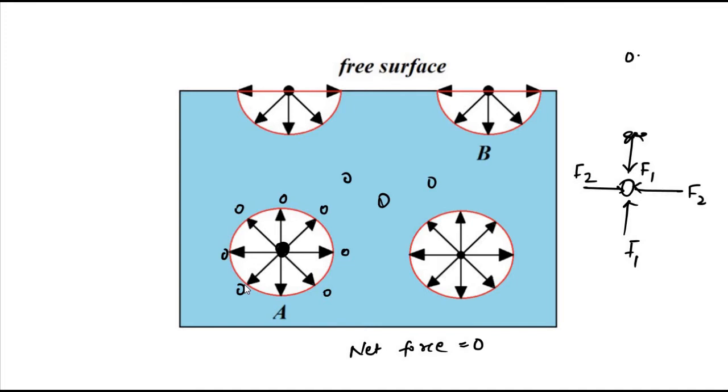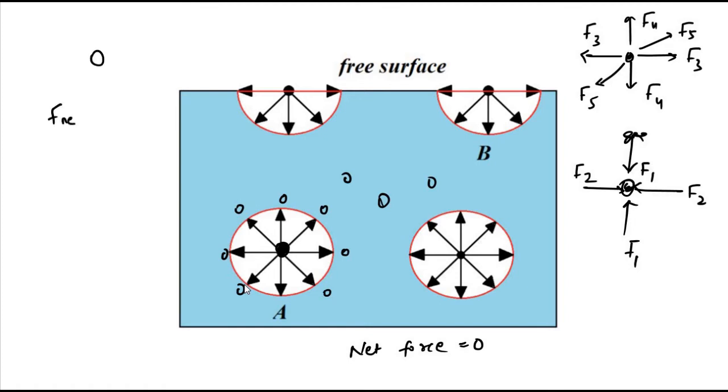Like this, F3, F3, equal forces of equal magnitude in opposite direction, F4, F4, like this, F5, F5. All the forces are equal in magnitude but opposite in direction, acting on the molecules which are inside the container. Because of that, the net force on these molecules gets cancelled out, and the net force is equal to 0. It is only for the liquid molecules which are inside the container.